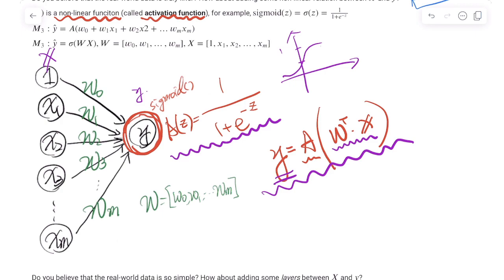But sometimes it does not look like this. It depends on how you understand your data set.